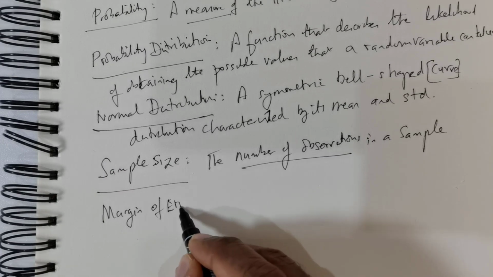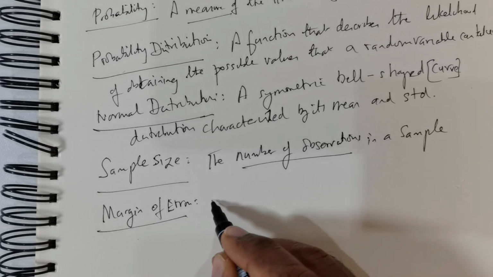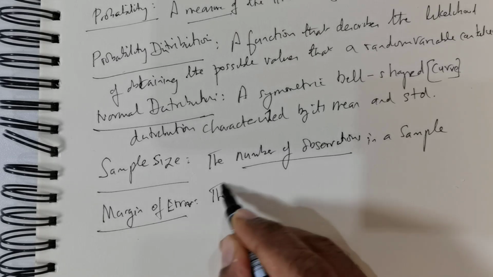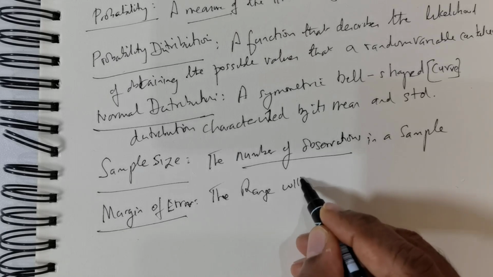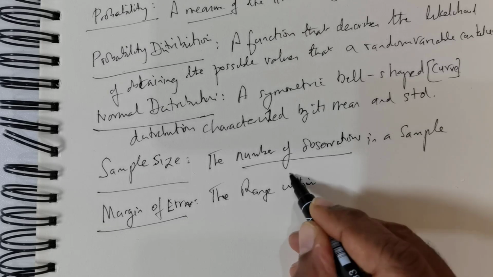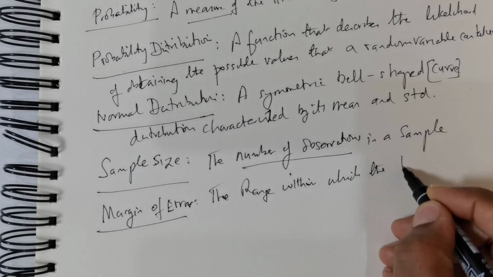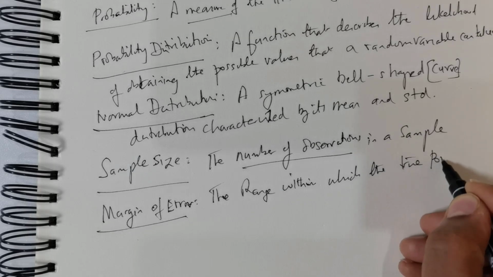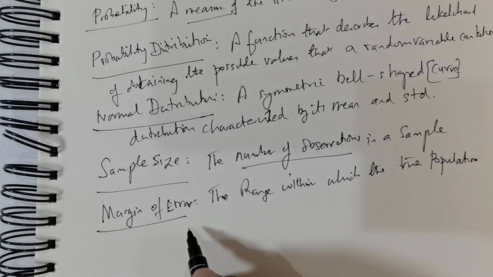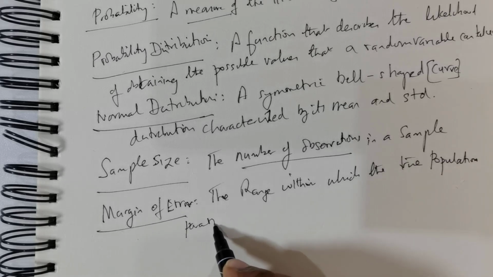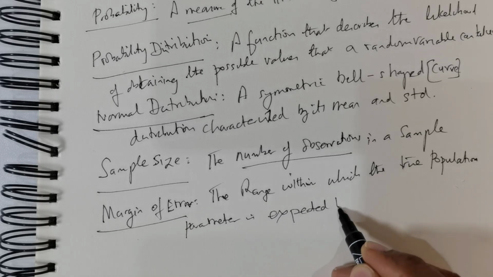In fact, whenever you're dealing with any form of statistics, there is a margin of error. So how do you define it? It's nothing but the range within which the true population parameter, that's a variable, is expected to fall.